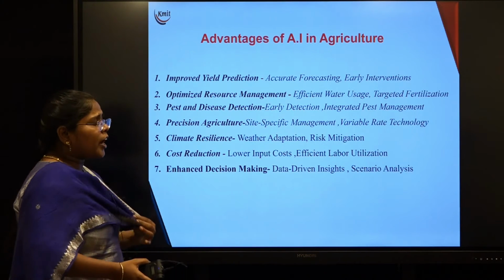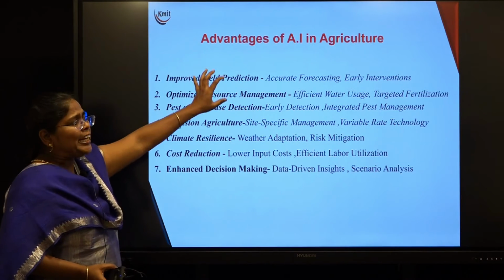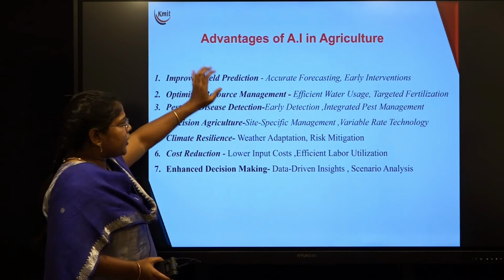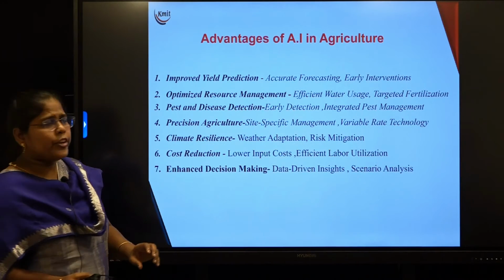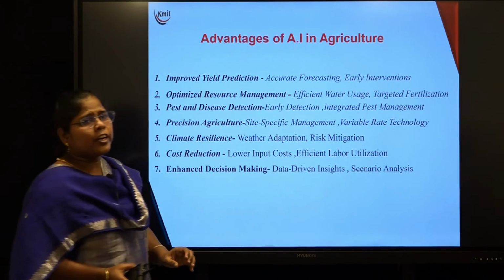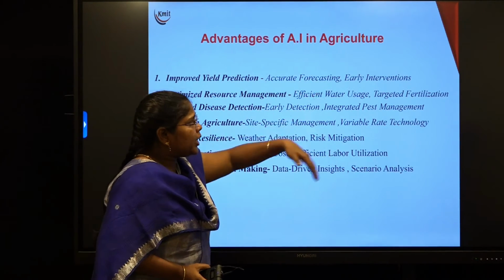Among the advantages, one is improving yield prediction. Whenever we develop a model, we need to create a model which can accurately forecast the output. Second one is early interventions.